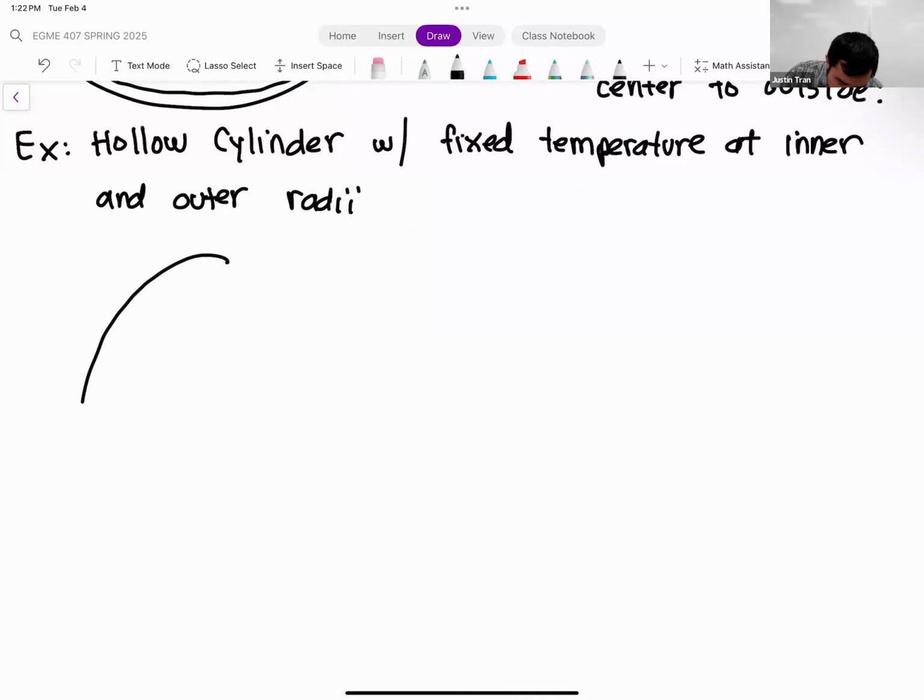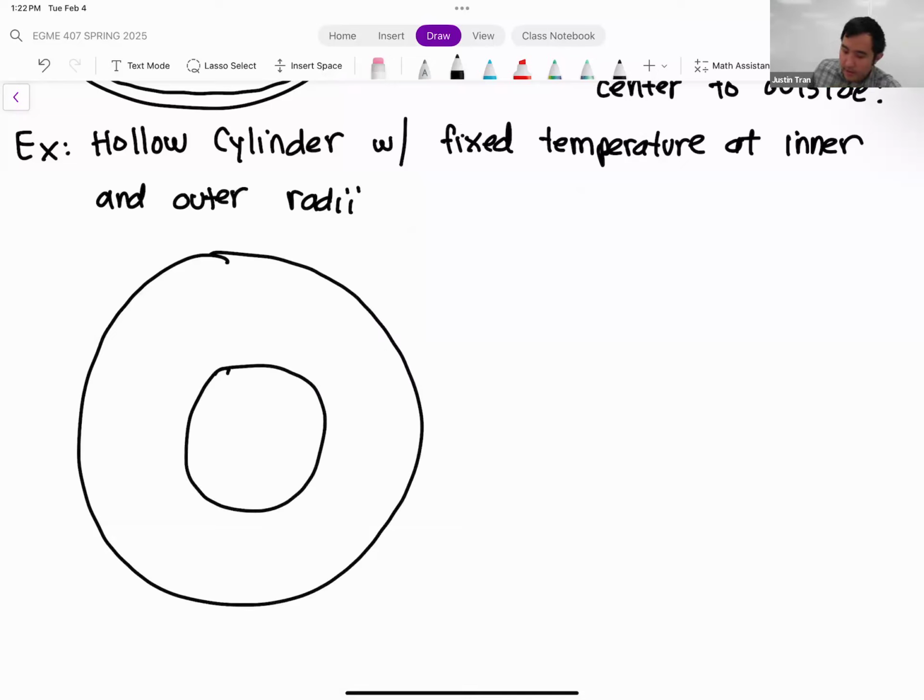So we have our cylinder here. It's hollow, so there's a cavity on the inside. It looks like a donut when you view it from the top.